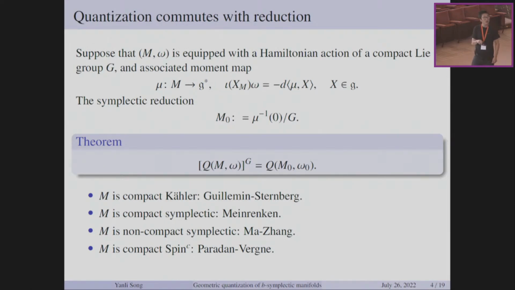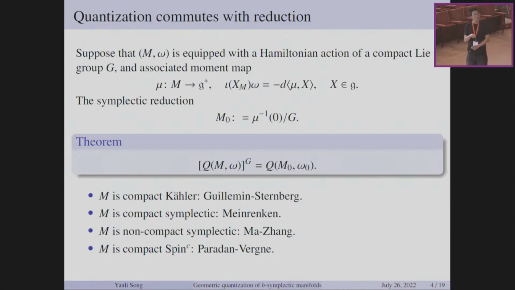In that setting, Paradan and Vergne proved one version of the quantization commutes with reduction theorem. And the good thing about the last case is that spin C, roughly speaking, just tells you that on the manifold you can construct a Dirac operator. So that's why the viewpoint of defining geometric quantization as the index of a Dirac operator will be useful.